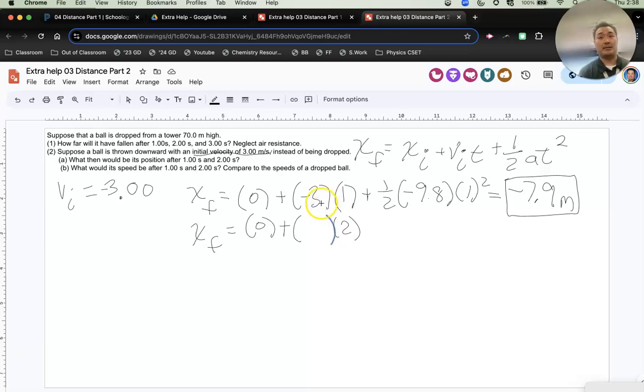So not positive, -3. So -3 plus half times, what's the acceleration? -9.8 times 2. Good. All right. Back to Juan. Not just regular 25. -25.6.